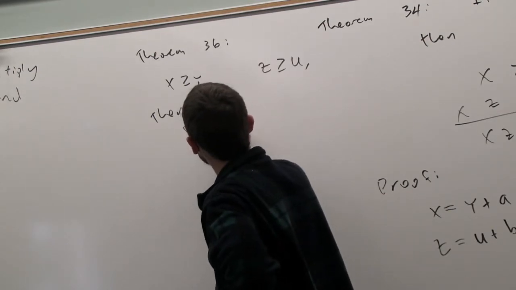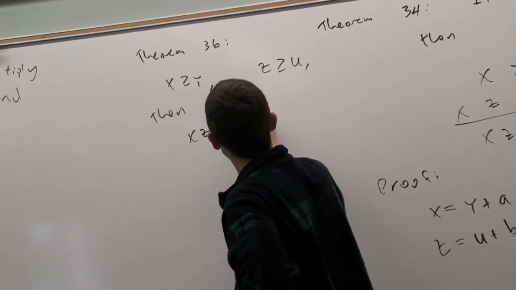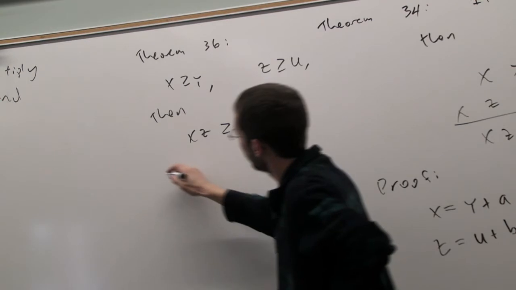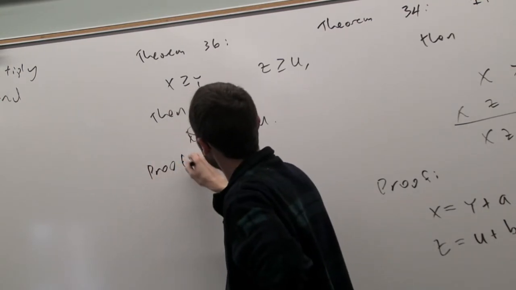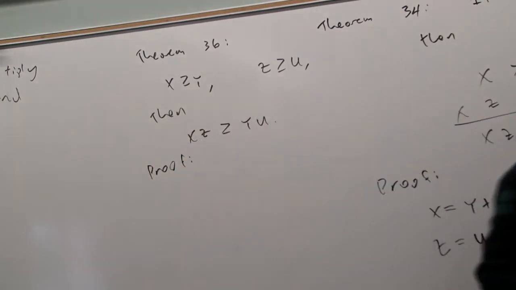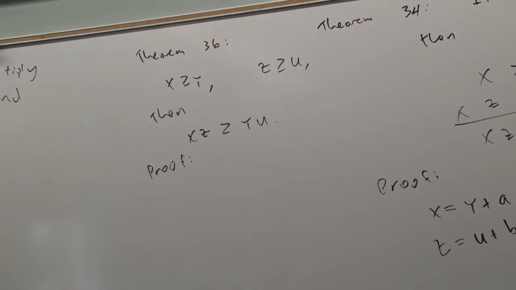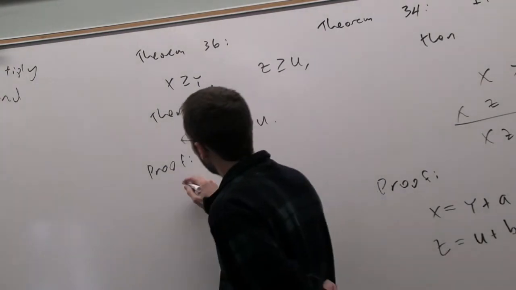Then xz is at least yu. And this basically follows from the previous theorem.